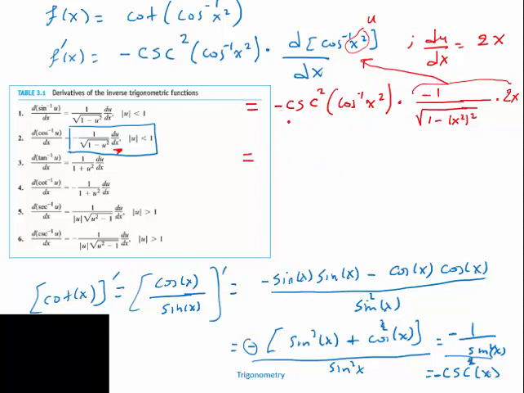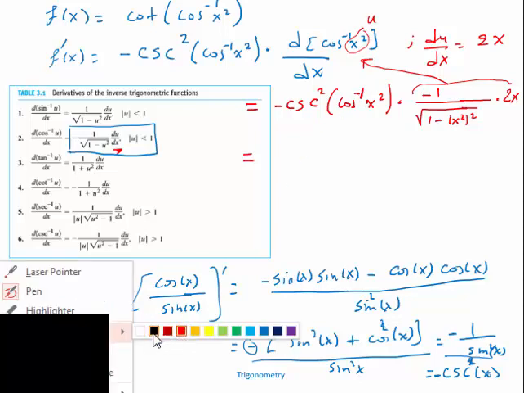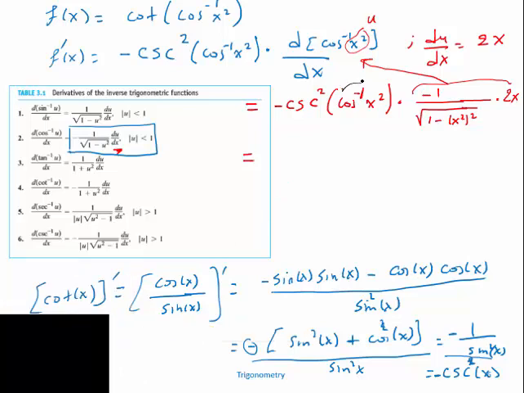So minus multiplied by minus becomes positive. And we know that the cosine inverse of x square is some angle. Let's assume this angle is equal to y.